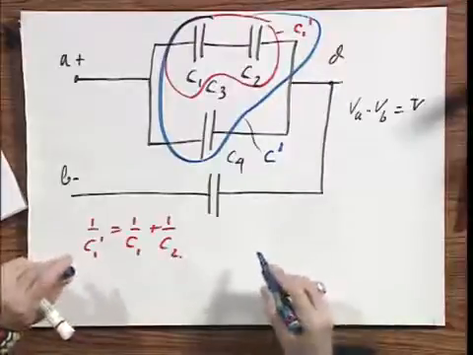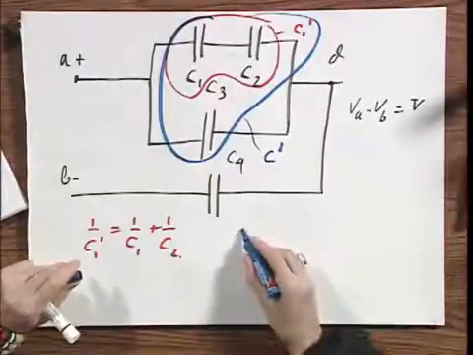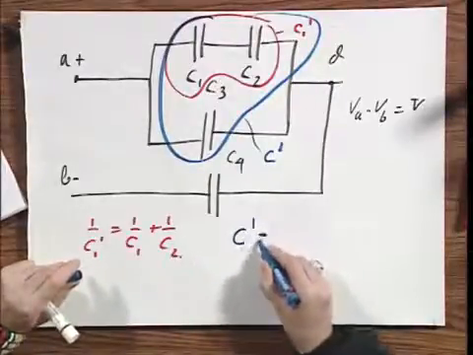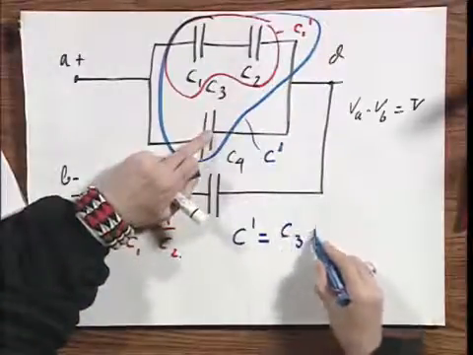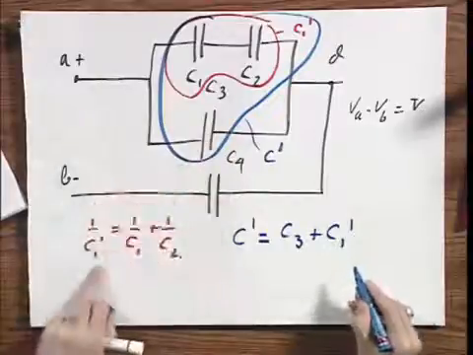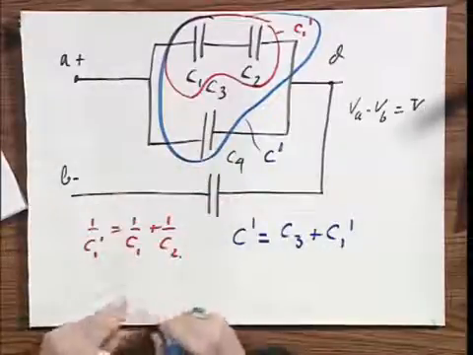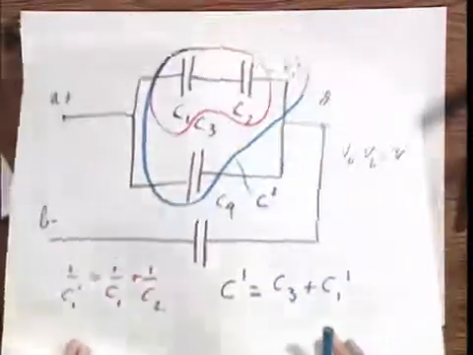And so we now have that C prime equals C3 plus C1 prime, which you just calculated. And so I have now reduced this circuit to an entirely different circuit.